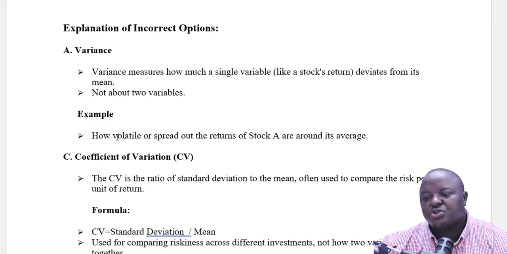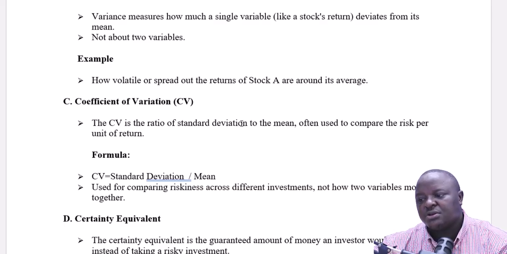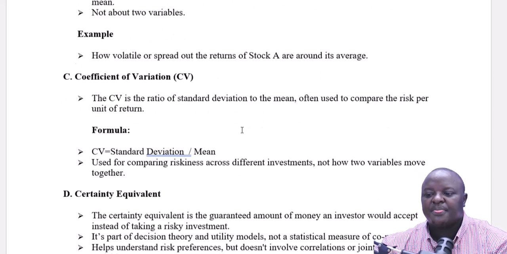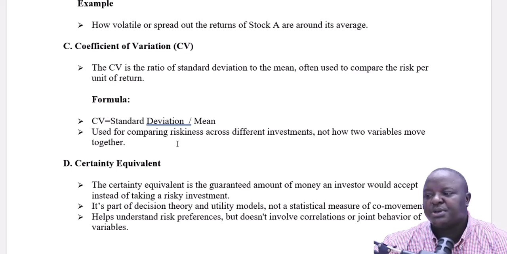The coefficient of variation is the ratio of standard deviation to the mean, often used to compare the risk per unit of return. So the coefficient of variation equals standard deviation divided by the mean. This is used for comparing risk across different investments, not how two variables move together.